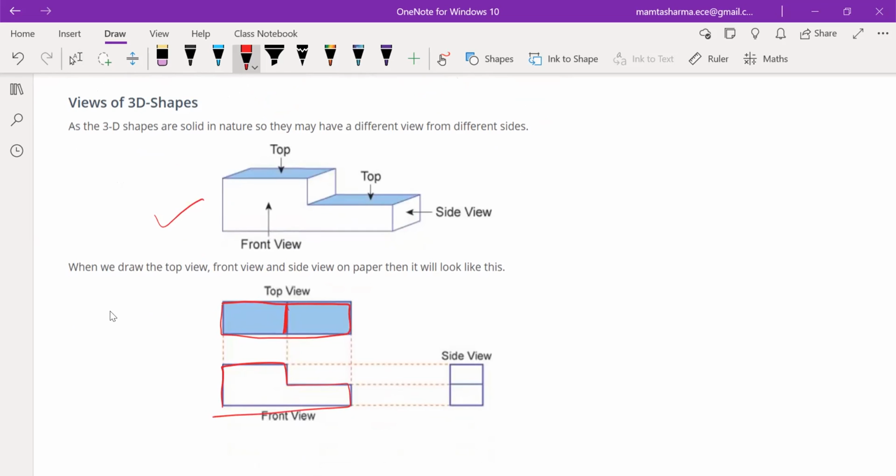And if you are standing here and watching this shape from this side, you can see only this red area. If I draw this red area, it would look like this. So different views can be drawn from one 3D shape.